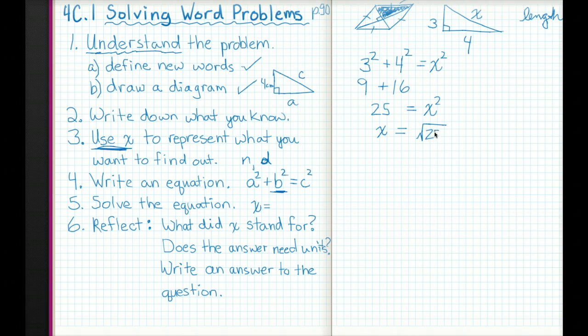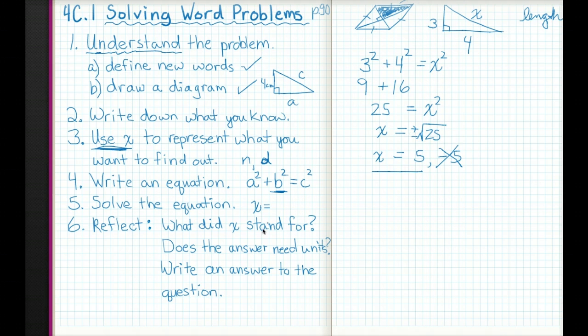I always have a positive and a negative possibility, because I could have 5 or negative 5 would give me an answer of 25 when I square them. Okay, but I'm talking about the length of a rhombus, and lengths are never negative, so I can actually discard the negative answer, and x equals 5 is the answer to this equation.